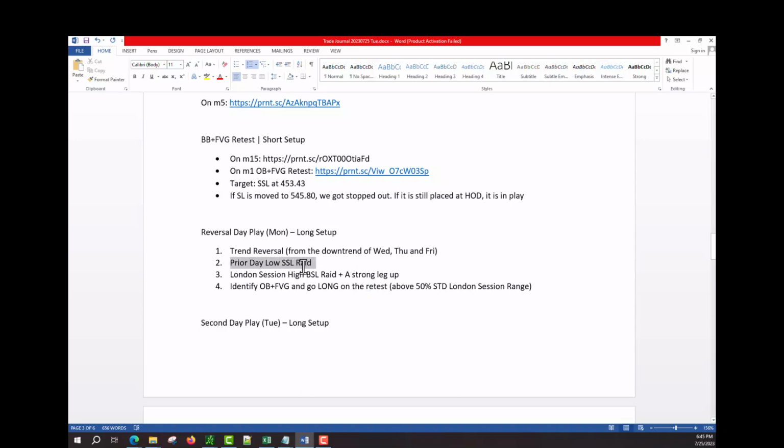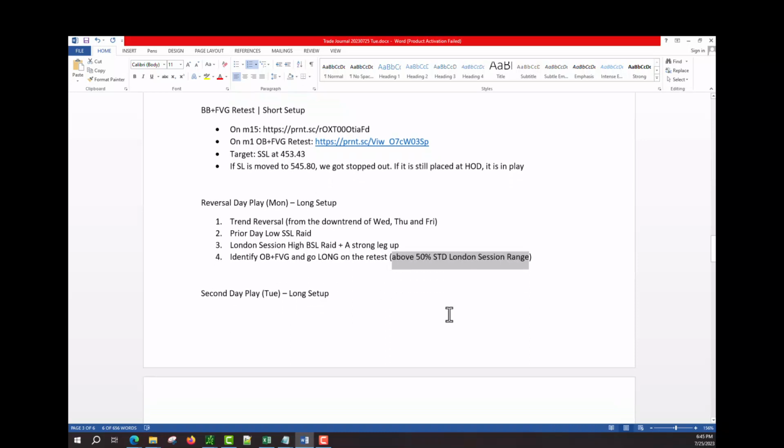The condition is that the prior day low or sell side was raided, and the London low was also raided with a strong lift up, and we need to identify the order block and go long on the retest, and make sure the retest is above 50-70% of the London range right there. So that's the setup for Monday.